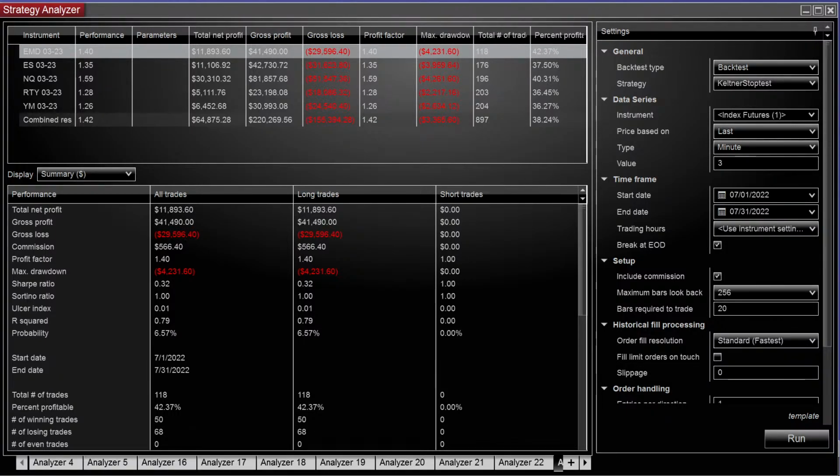Yeah, got it. Okay. Trying to see where gold went.